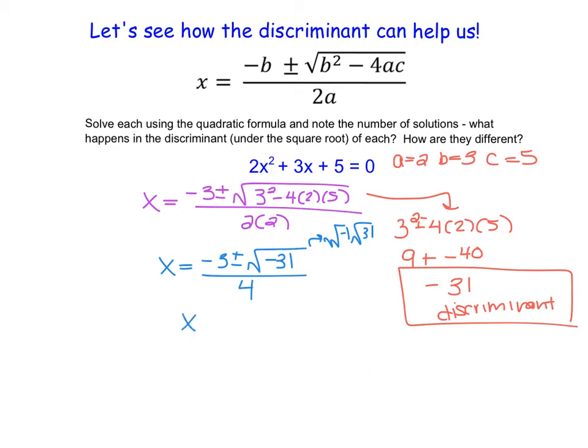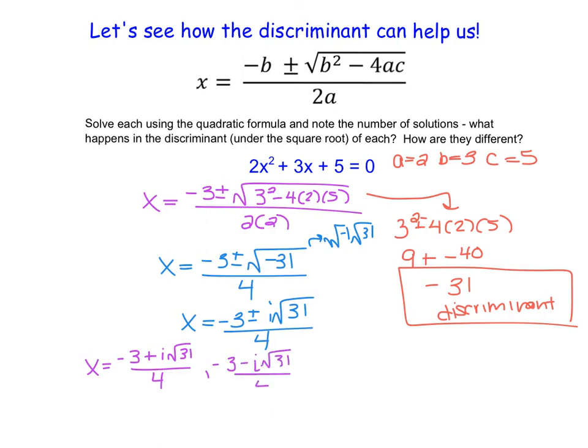So this one becomes x equals negative 3 plus or minus i times the square root of 31 all over 4. Now from here, we can split this up into 2. We can say x equals negative 3 plus i square root of 31 over 4. That's one answer. And the second answer is negative 3 minus i square root of 31 over 4.